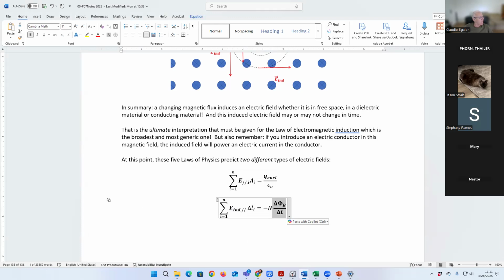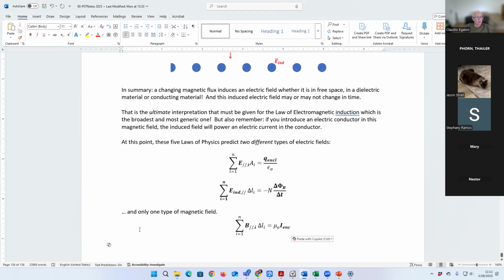Okay? We can also say that we have, so far, okay, that's not the whole story yet. Don't forget, this is Ampere's law, right? Remember that I told you that Ampere's law is incomplete.